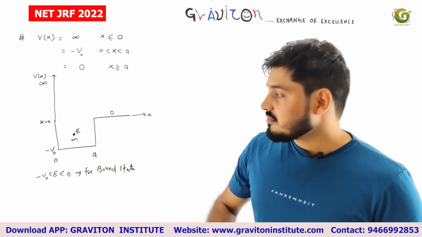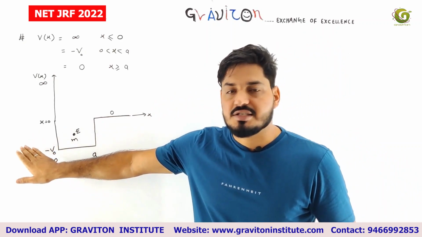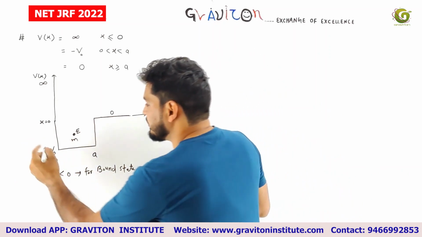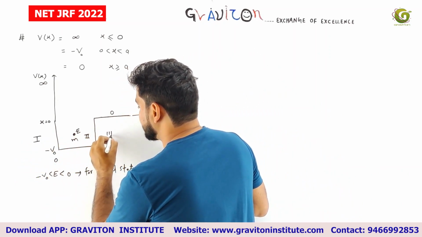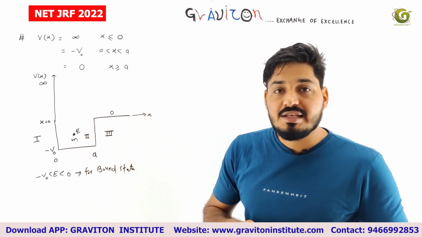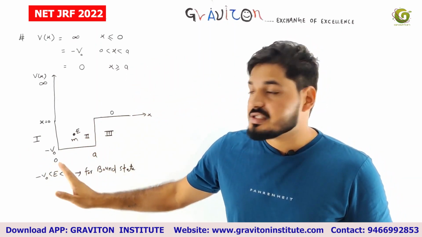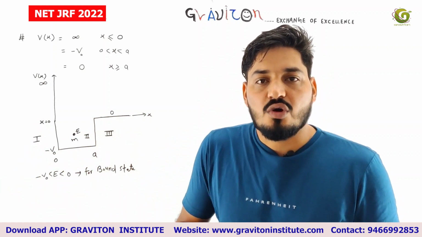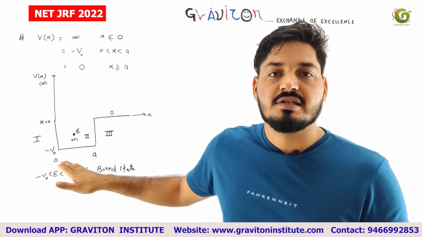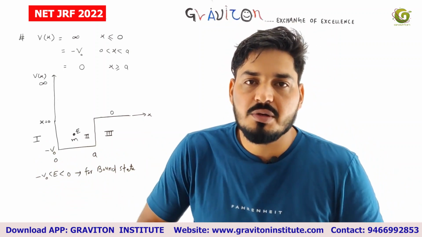Now see, we have three different regions here. Let's suppose this is region 1, this is region 2, and this is region 3. Why are these the three different regions? Because in every region, the potential energy is different. So of course, in all the three regions, the solution of the Schrodinger equation will be different.